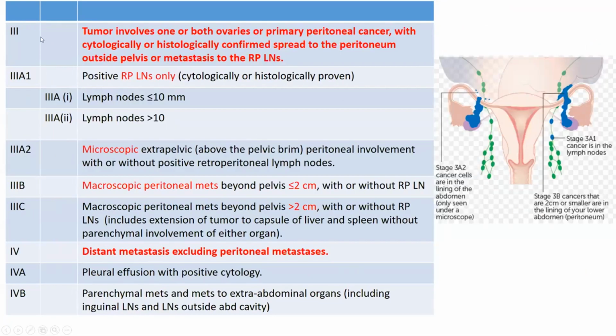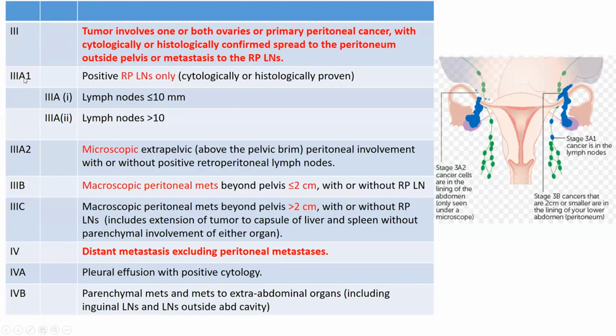Now, stage 3 is when the tumor involves 1 or both ovaries or primary peritoneal cancer, but there is cytologically or histologically confirmed disease of the peritoneum outside the pelvis. Stage 2 was within the pelvis. Stage 3 is outside-pelvis disease or metastasis to retroperitoneal lymph nodes.